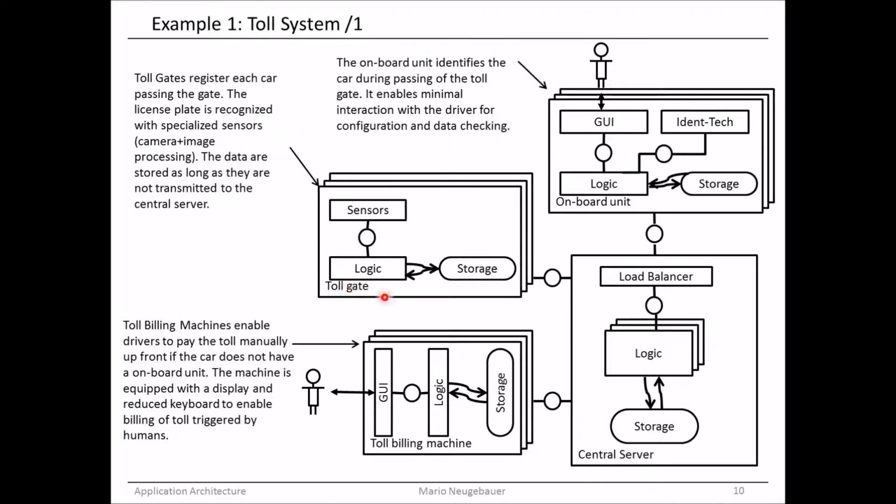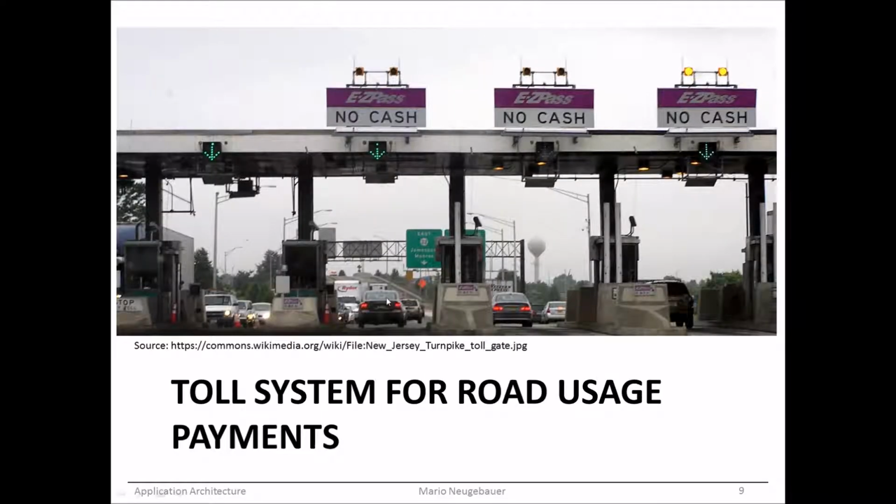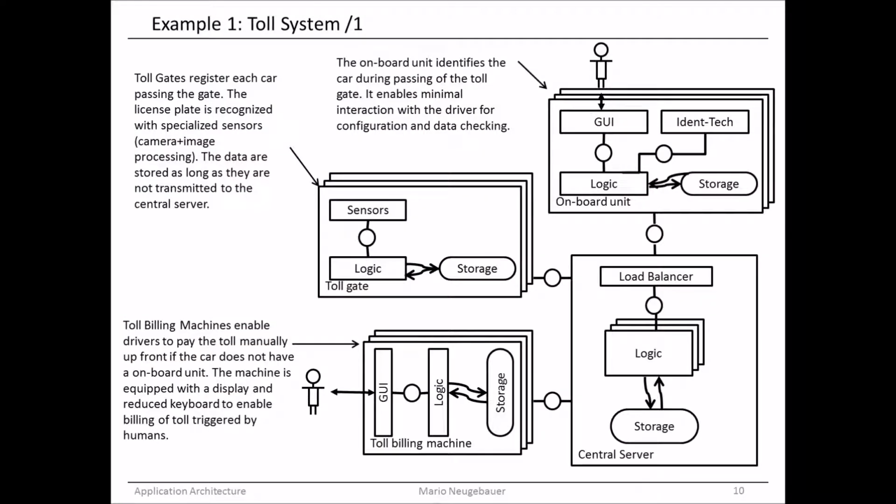The toll gate is the thing which you have seen here. Such a thing is a toll gate. You drive through and you are somehow identified. And in the toll gate you are identified with a kind of sensor. It doesn't matter what sensor exactly. Maybe it's a camera with some image processing registering your license plate.